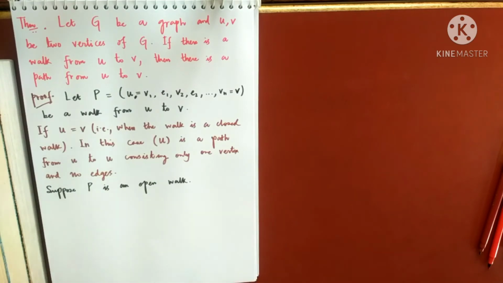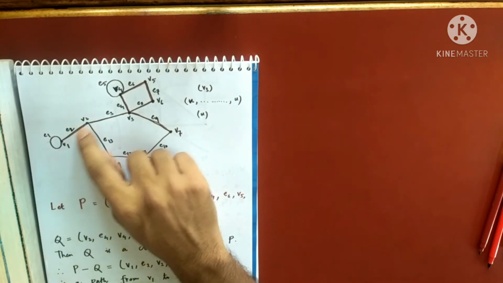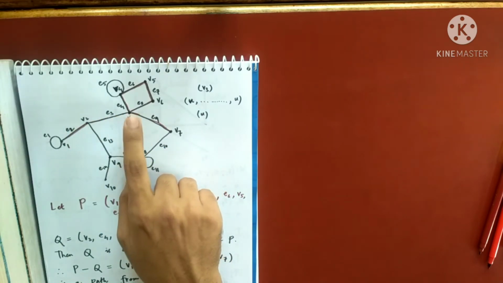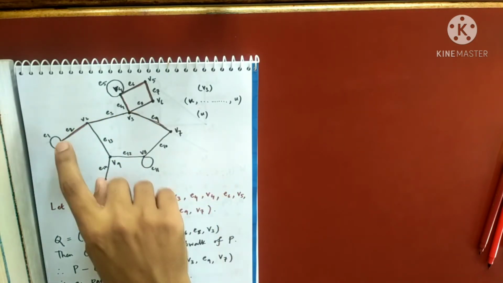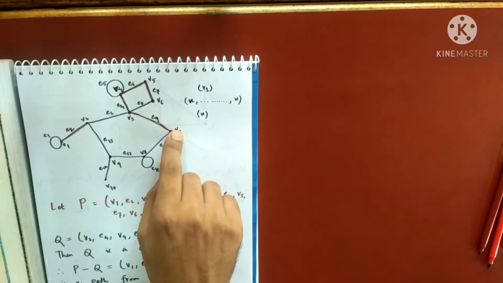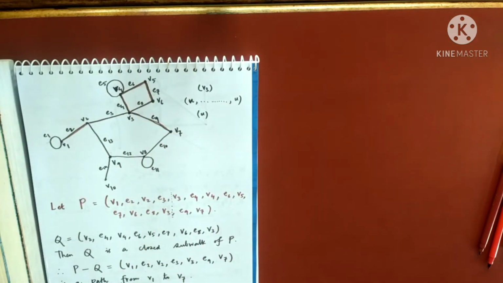It may be a path itself. Suppose I give you this walk, V1 to V2 via E2, then V2 to V3 via E3, and then V3 to V7 via E9. This is definite. I'm talking about this walk. But you see, this walk is already a path. So if it is already a path, I don't have to do anything. I have to do something when it is not a path. So let me write that down.